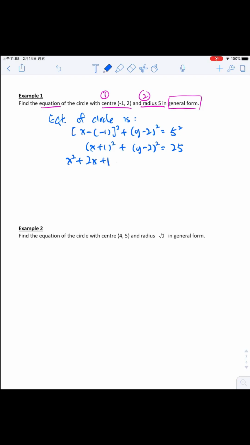Then we try to expand by using identities. And we move all the terms to one side and rearrange the terms as x squared plus y squared plus 2x minus 4y minus 20 equals 0. This is the equations in general form.